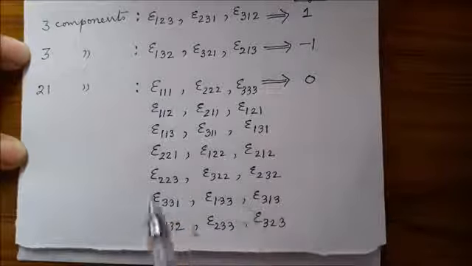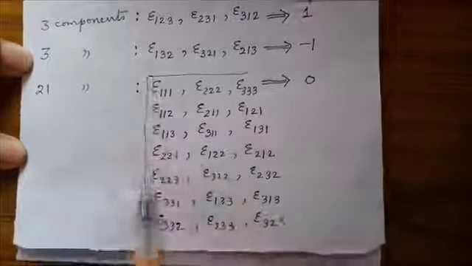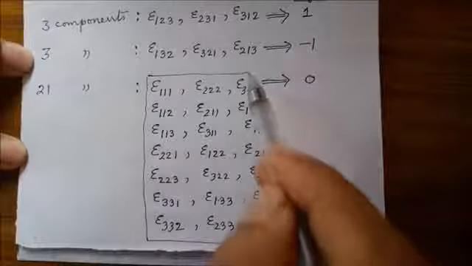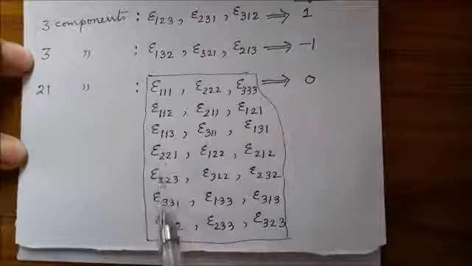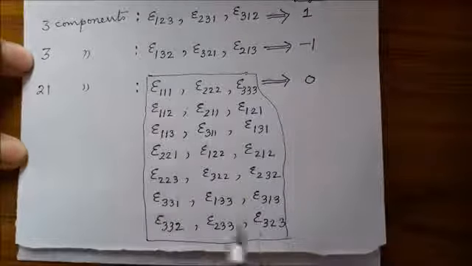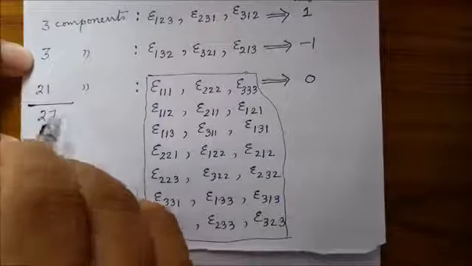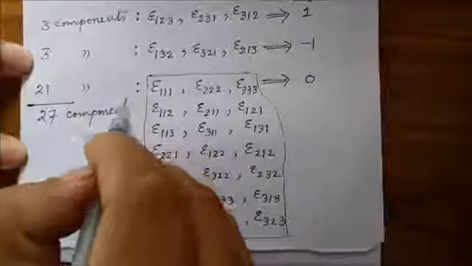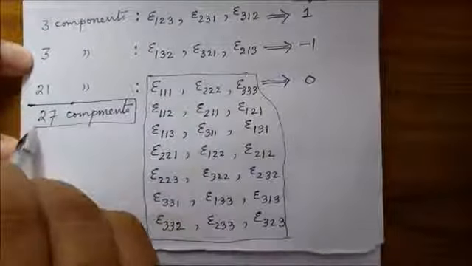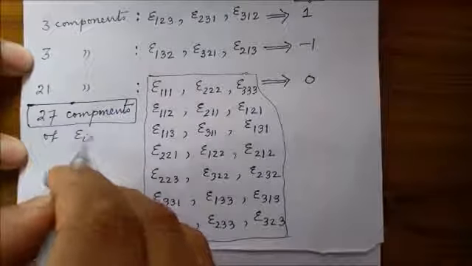So we can count them: 1, 2, 3, 4, 5, 6, 7. 7 threes are 21. So altogether there are 27 components of Levi Civita symbol epsilon ijk.